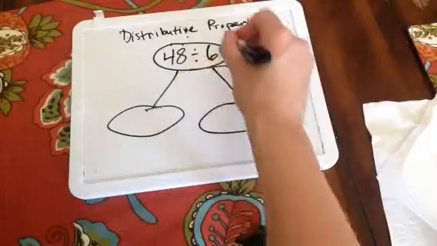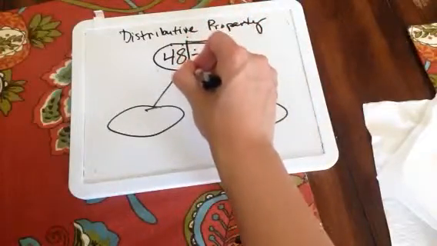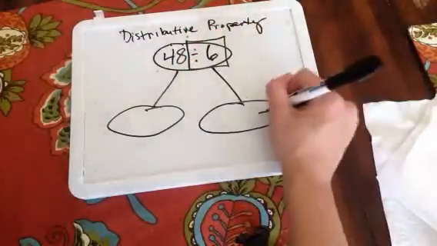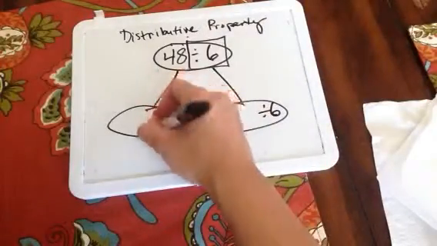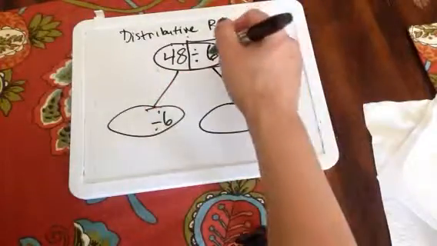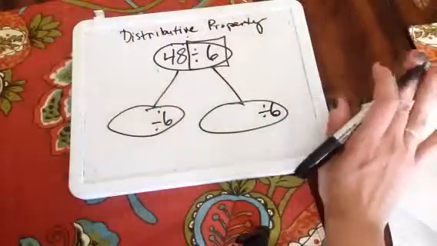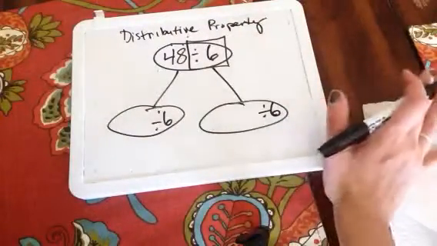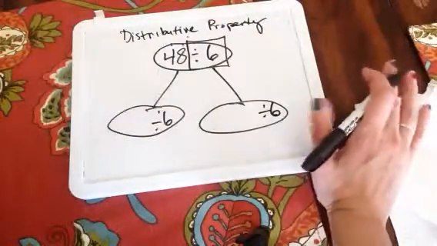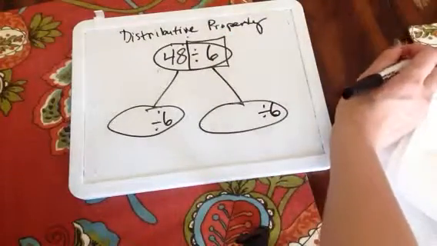So first thing you need to know with this is it helps to just immediately do that because you know that that's going to stay the same. You know you're going to take that divided by 6 and distribute it to both equations, okay? So then we got to think about 48.